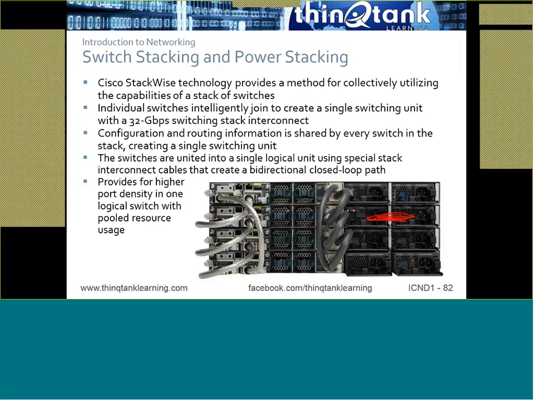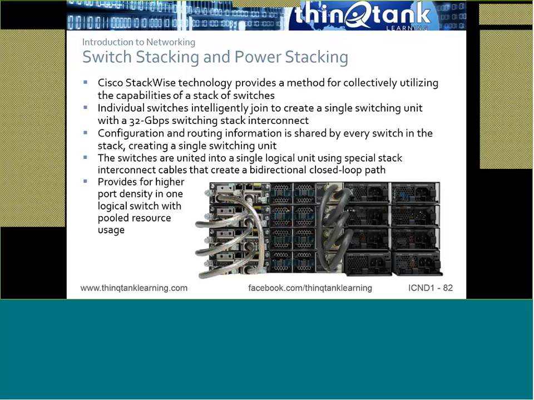You'll also notice that the stack is a ring. So I go from port 1 to port 2, 1 to 2, 1 to 2. If the second switch in the stack fails, we still have connectivity because we have half of a ring left over.